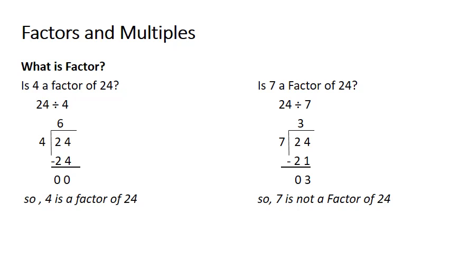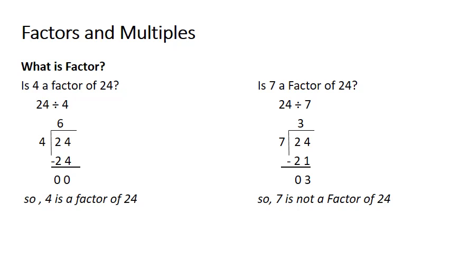Now here you can observe that there is no remainder. It means 24 is divisible by 4. So here you can conclude that if a given number is divisible by a number, then it is called a factor of that number. So here you can say that 4 is a factor of 24.